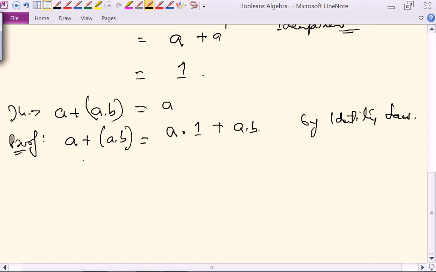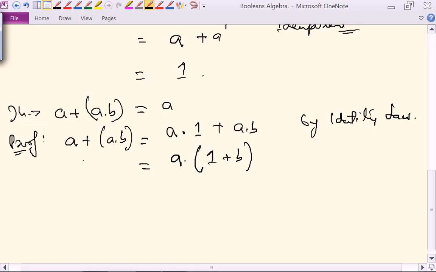But I'm saying A or A and B. Instead of A, I'm saying A and 1. Getting me? So by distributing, I will say A and (1 or B). I get A common here, 1 will remain here, B will remain here, because A is common.